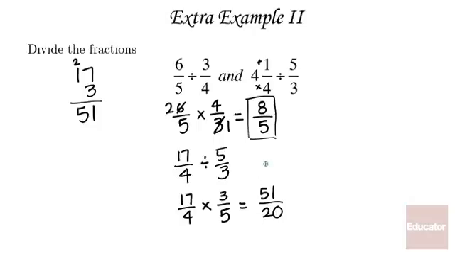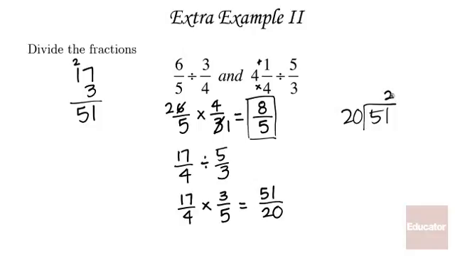You can change it to a mixed number if you'd like. All you're going to do is see how many times 20 is going to fit into 51, and that's going to be your whole number. How many you have left over is your numerator, and then keep the same denominator of 20. So let's just do that. 20 is going to fit into 51 2 times. So it's 51 divided by 20.